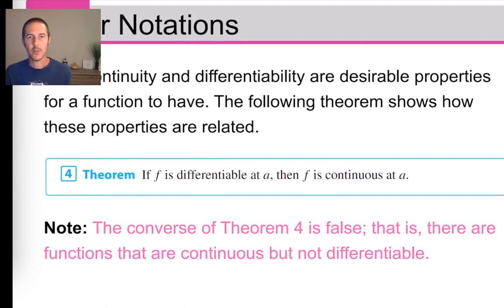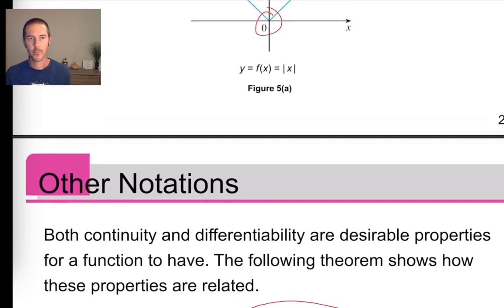We like things to be continuous, we like them to be differentiable. If a function is differentiable at a point, then the function is continuous at that point. But the converse, which is a logical term, the converse is not necessarily true. In other words, just because a function is continuous does not necessarily mean that it's going to be differentiable.